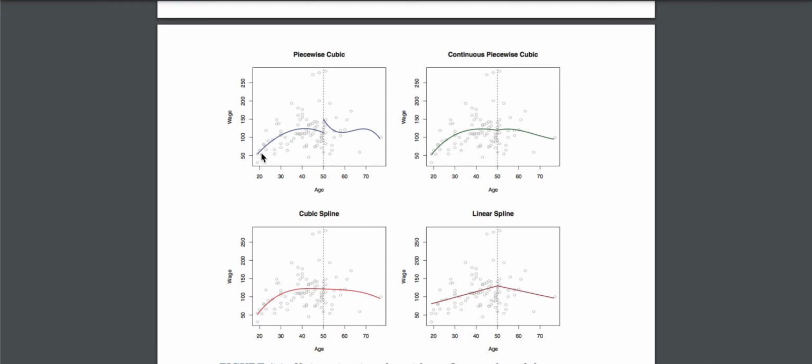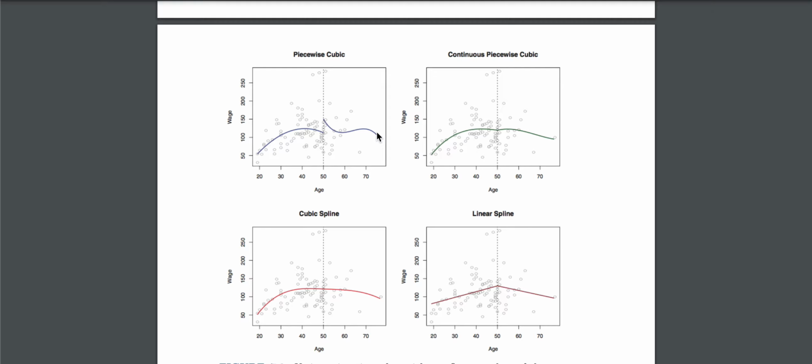Okay, so here we have a cubic function, that means a polynomial of degree 3. For this interval, we are fitting a polynomial of degree 3, and for this interval, we fit a polynomial of degree 3, and this is our model.